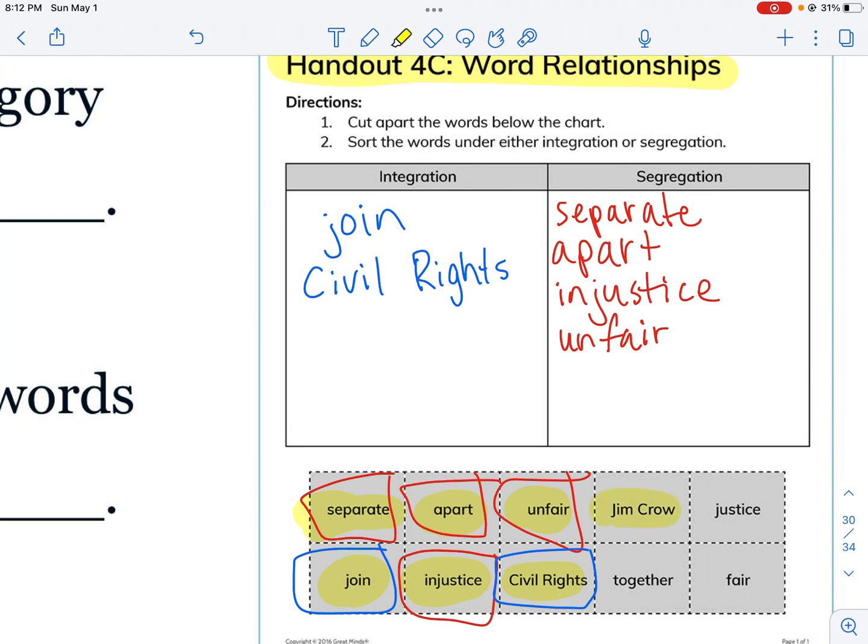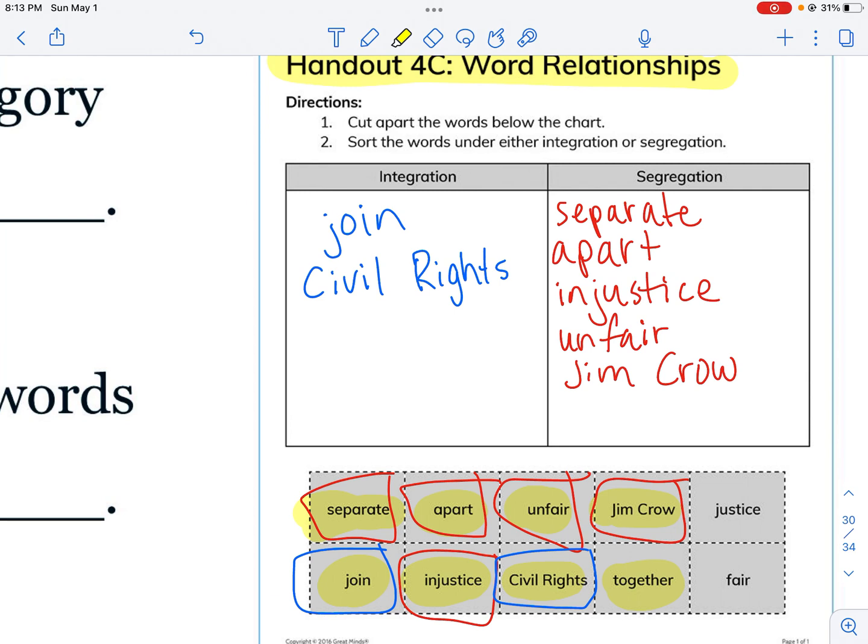Our next word is Jim Crow. These were the laws that separated black people and white people. So that would go with which one? Segregation. Our next word was a trick word a couple months ago.